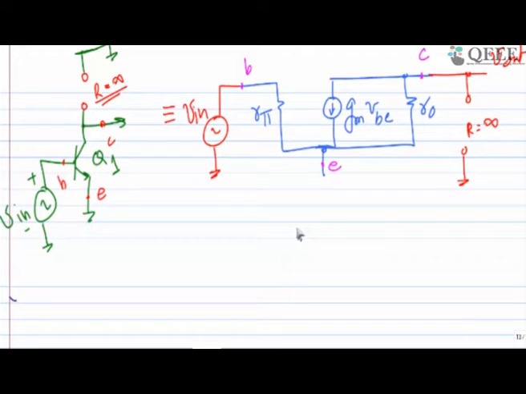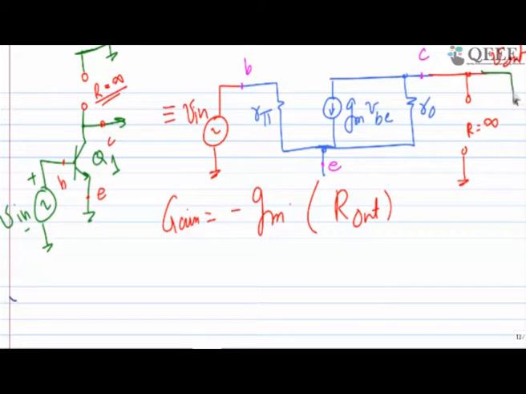So we agree that we want to find the gain, then gain is equal to minus GM times R out. If I want to find the R out, what am I supposed to do? I have to apply some known potential Vx, and measure Ix.